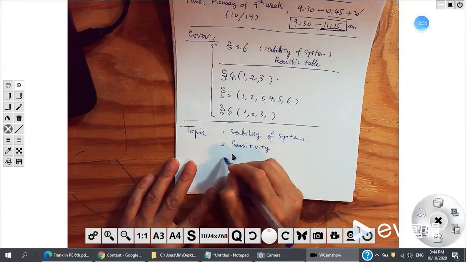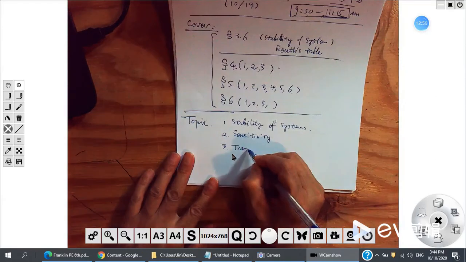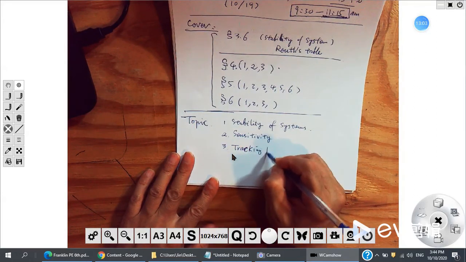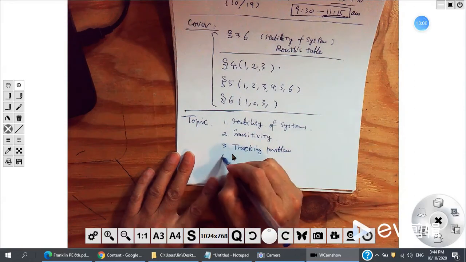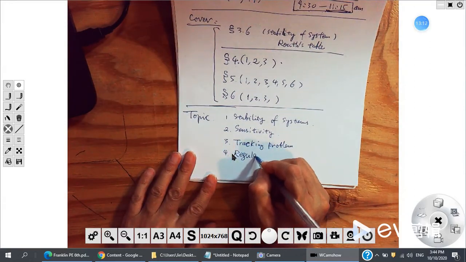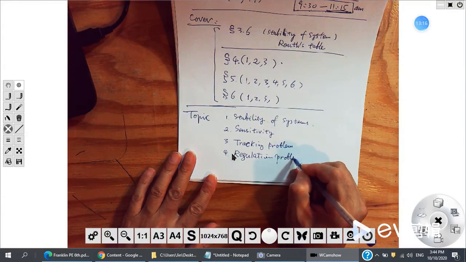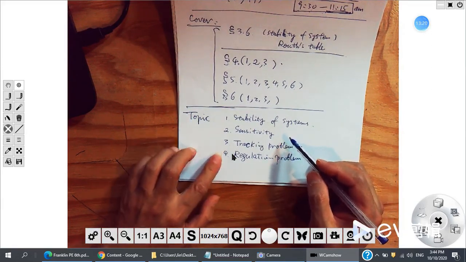We have the tracking problem. We have the regulation problem. Okay, so these are the four in chapter 4.